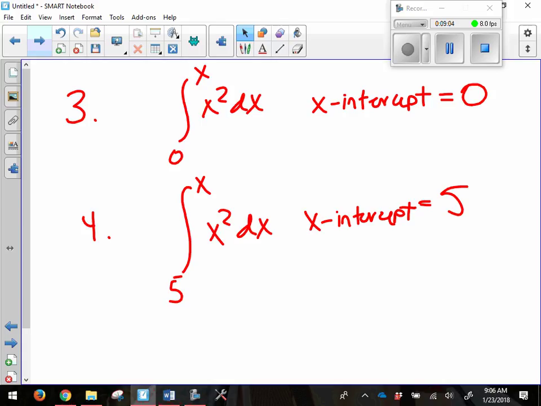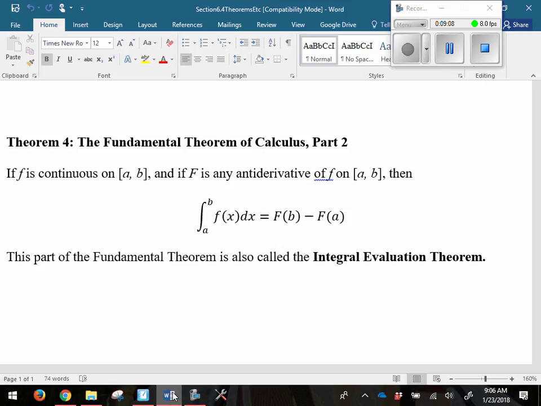So, this brings us to the fundamental theorem of calculus, part 2, which basically says if we take the integral from a to b of f of x dx, that's going to be equal to the antiderivative evaluated at b minus the antiderivative evaluated at a.